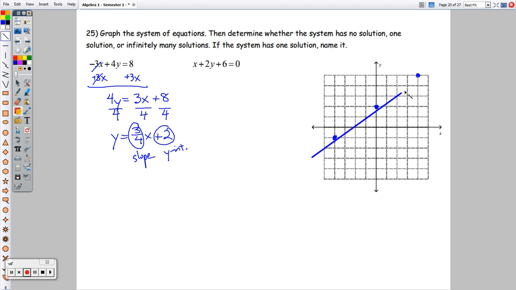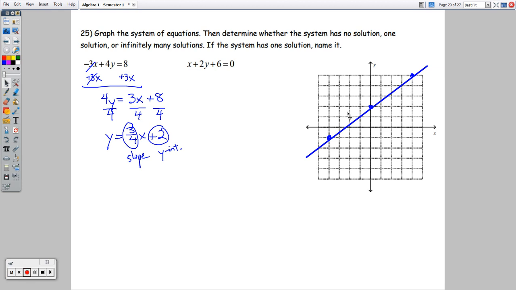If you connect those with a line, it looks like that. And so that was our initial one. I'll have that one in blue here, and then this one, I'll do in green.